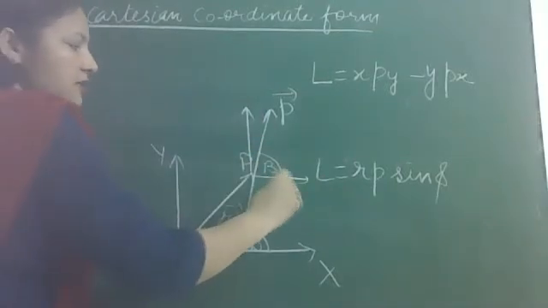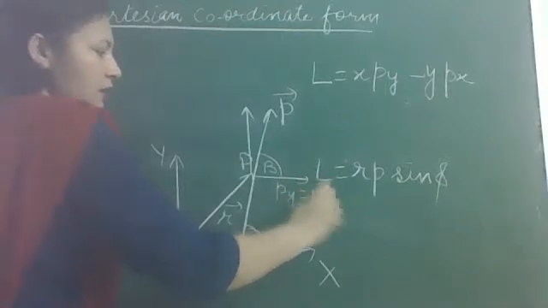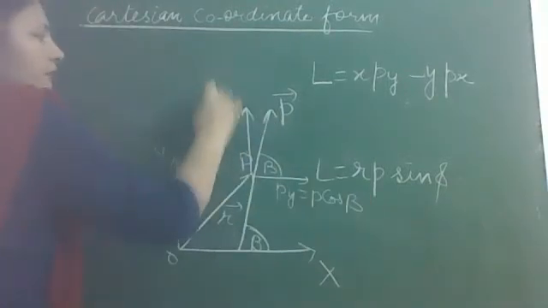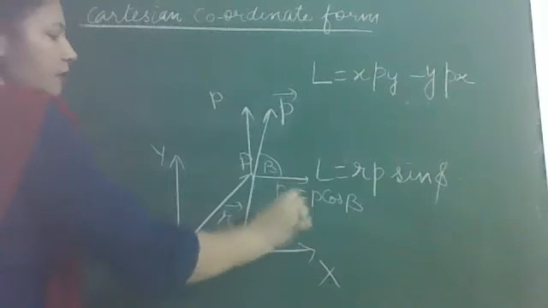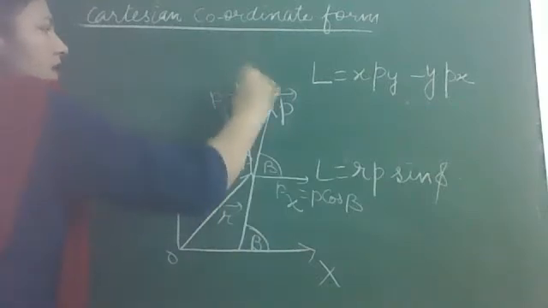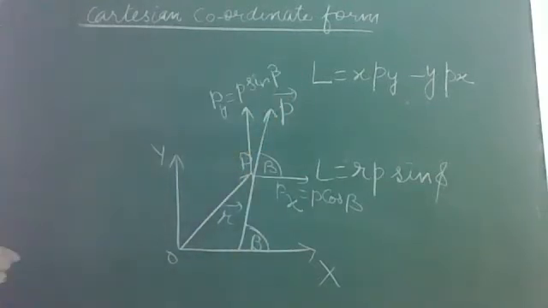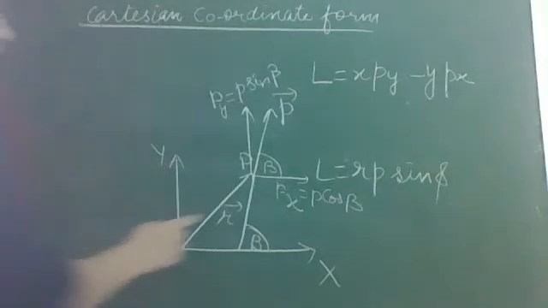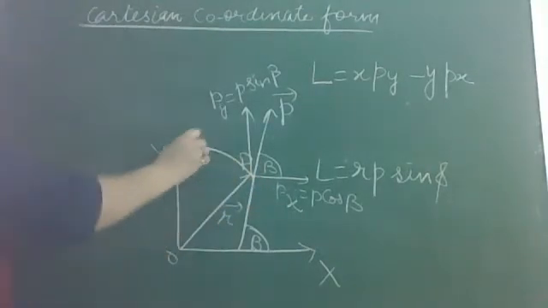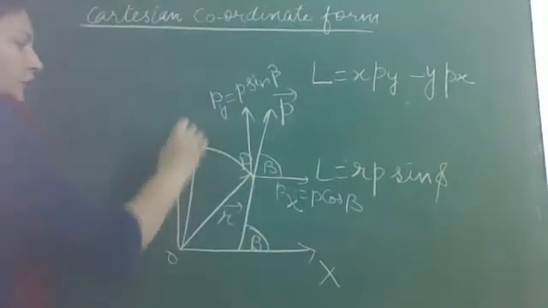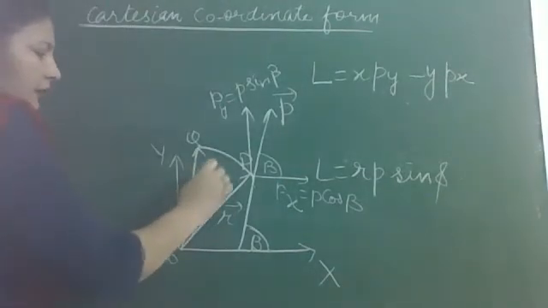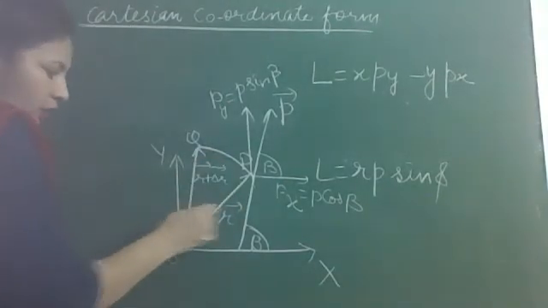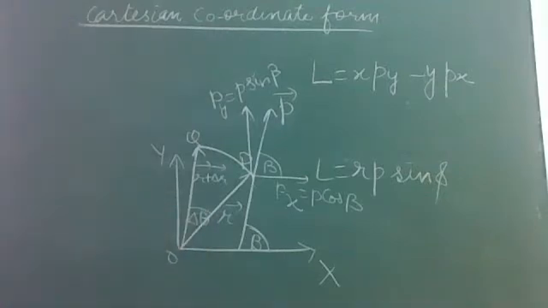The x component is p cos beta and the y component is p sin beta. Then the turning effect is created, and this is your new location, r plus delta r. The small angle described is delta theta.